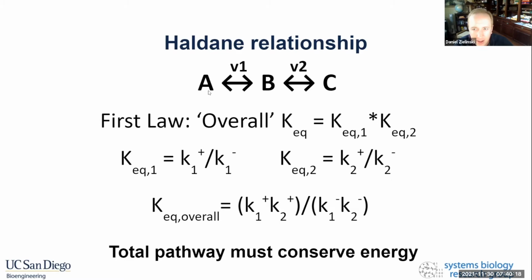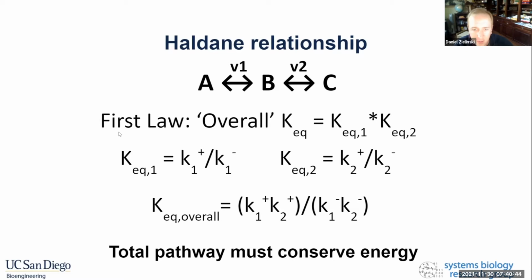We had E plus S goes to X goes to E plus P. Here we have A goes to B goes to C. But our overall KEQ of A to C is just the multiplication of the individual KEQs. So you have a KEQ for reaction 1, KEQ for reaction 2, and the overall KEQ is just the multiplication of these.